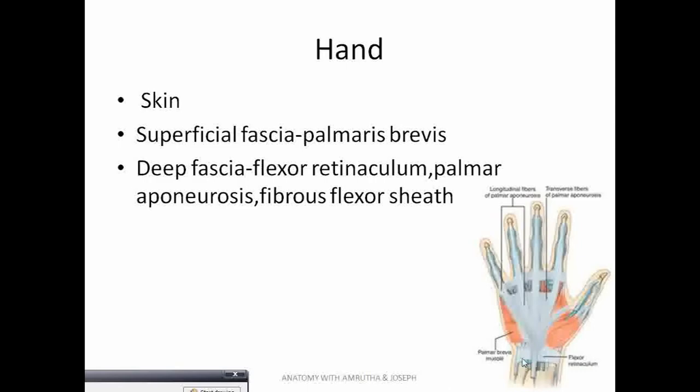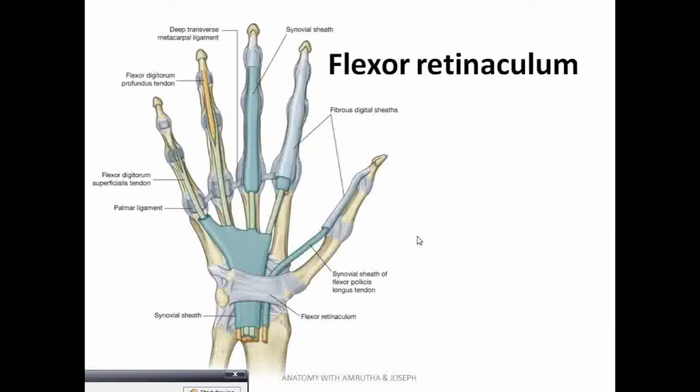Flexor retinaculum is here. This is palmar aponeurosis. It is also a modification of deep fascia, and this is flexor retinaculum. And flexor fibrous sheath, which is seen near the fingers. We will see each in detail.